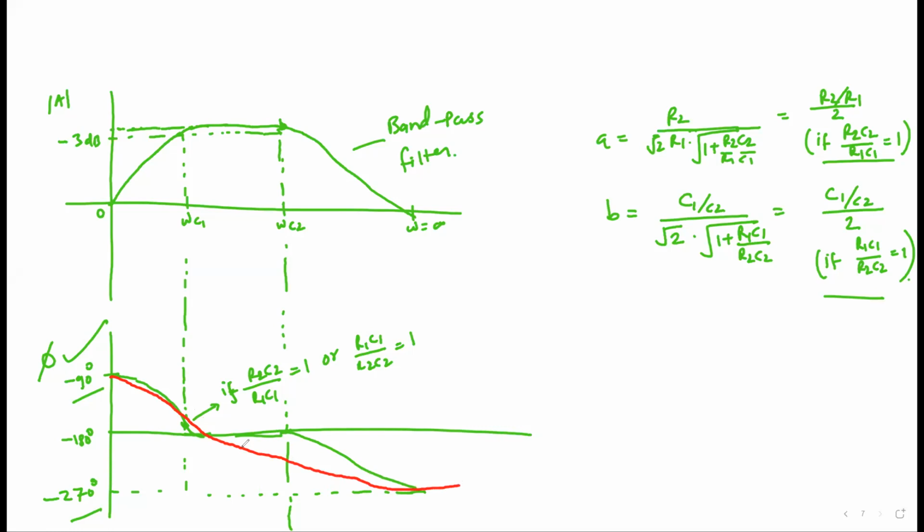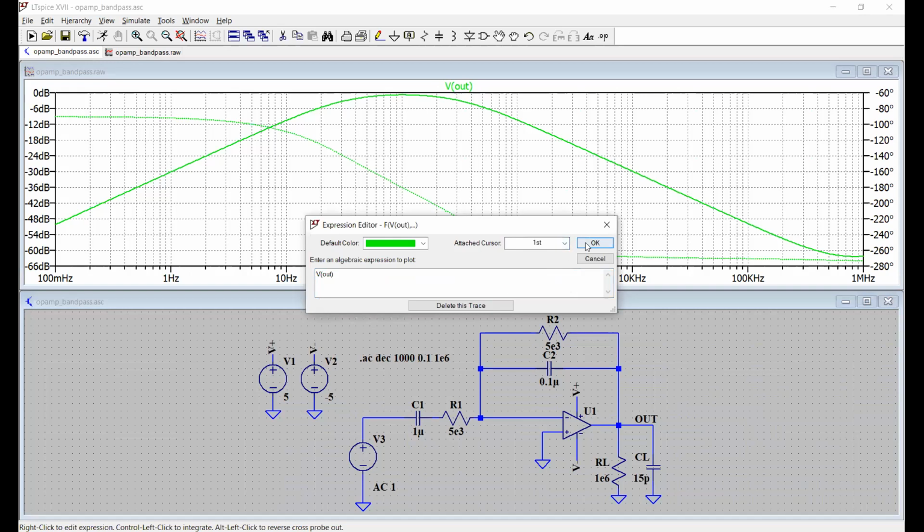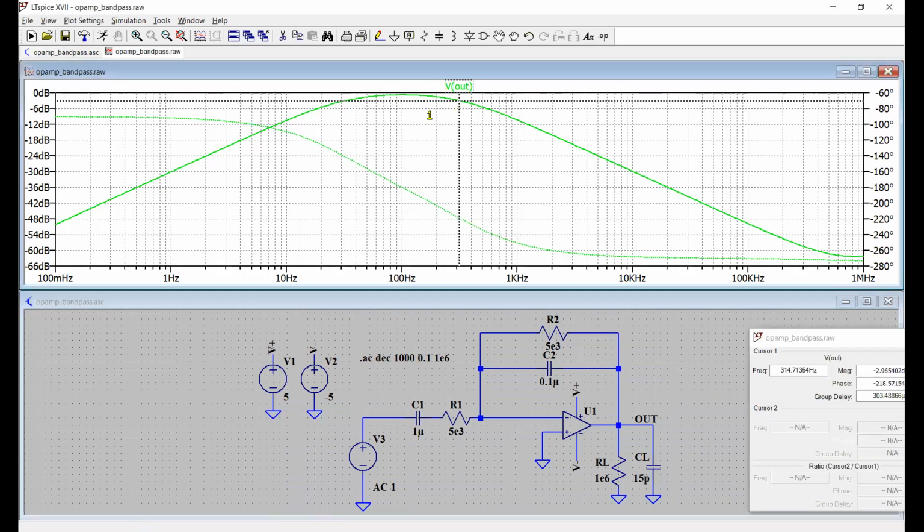The phase shift would be like this. So we see how it varies, and at the two frequencies here, we'll see what the phase is like. At the center frequencies, the maximum gain that we have is about 0 dB.